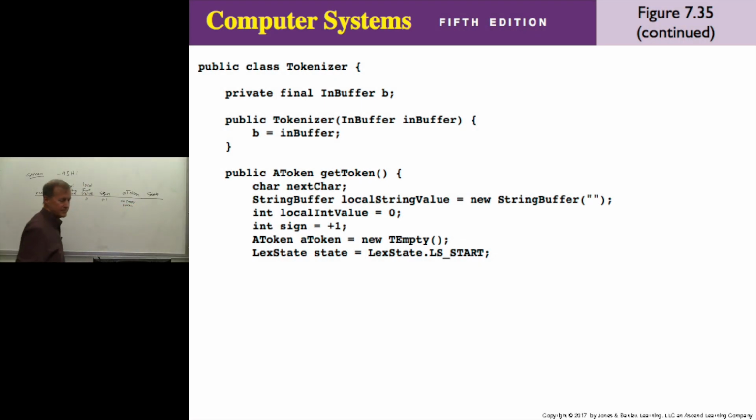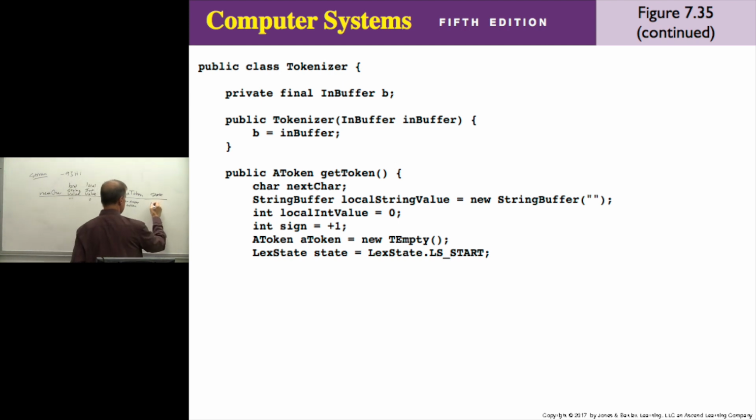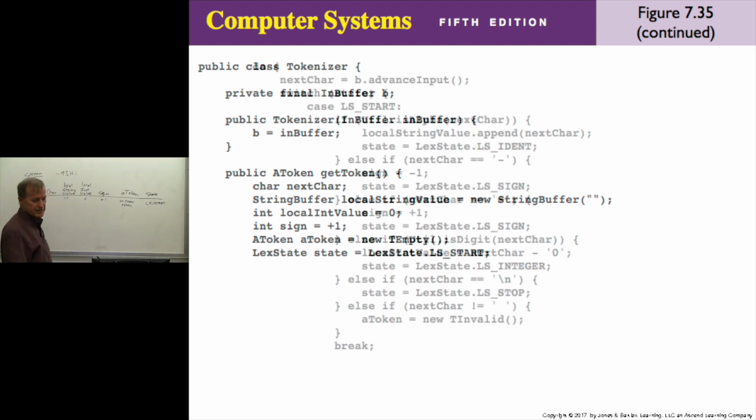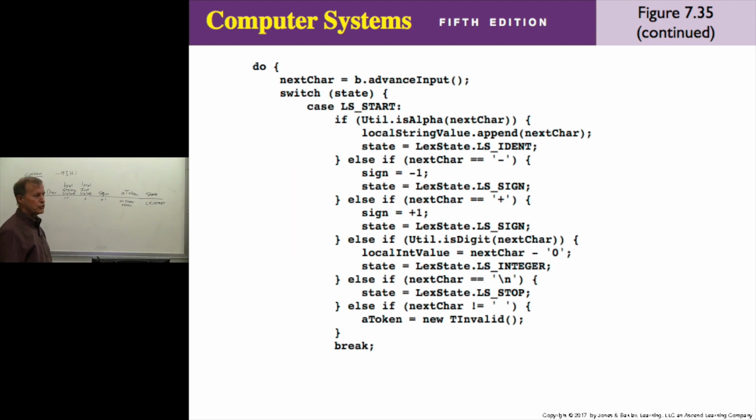All right. And then what happens? State is initialized to what? ls start. All right. Now, that's continuing. Is everybody clear? Do. Now this do loop is going to be executed once, and we're going to scan through.